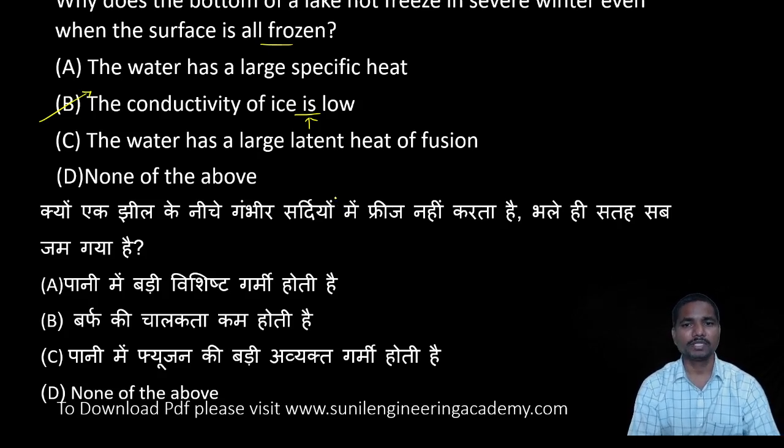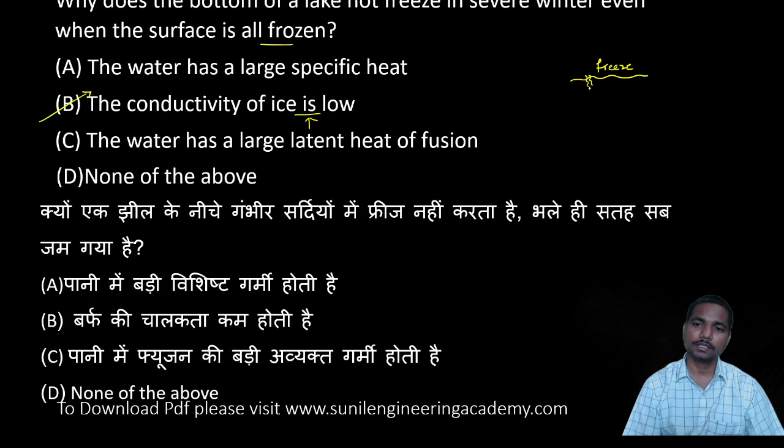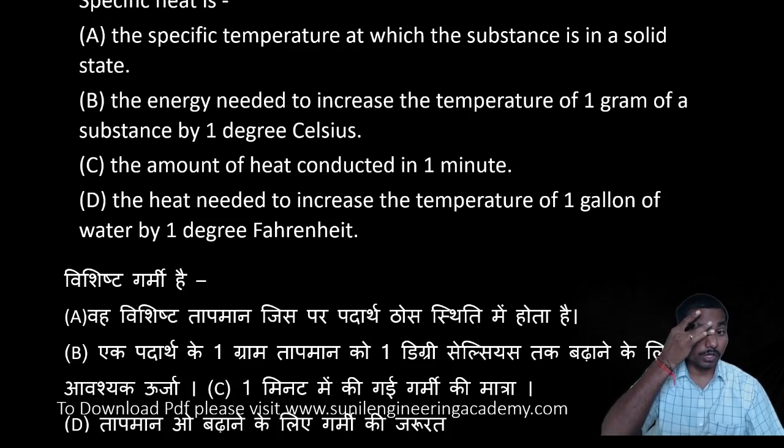So that cooling may not go effectively to the bottom of the water. Here we have the water now; it may not effectively go through the ice. That's why this water may not freeze, because the conductivity of ice is very low. If the conductivity were more, then the total would become ice.